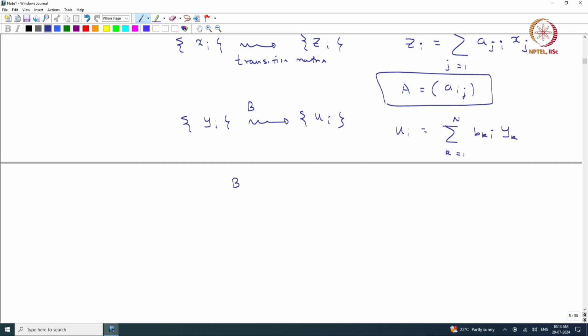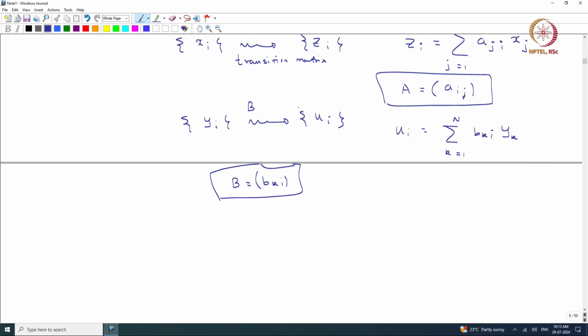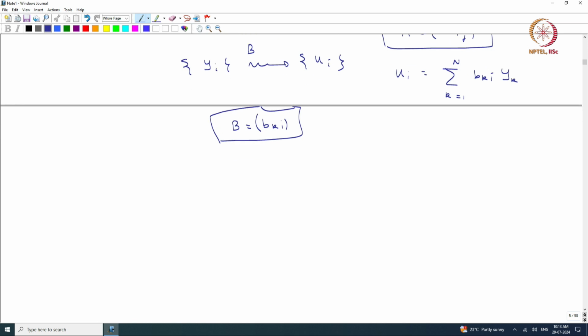So B is given by this b_ki. Basically, we are taking the translation matrices of these corresponding base changes. Now let us compute what the relations between the coefficients a_ij and b_kj will be using this bilinear form.